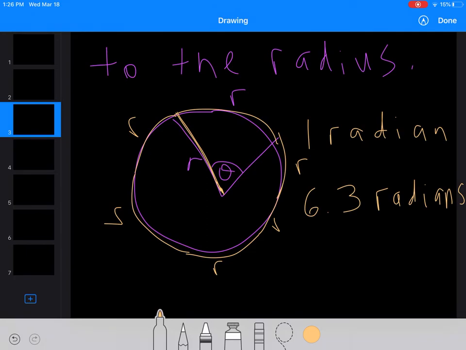Yeah, it's pretty close. When you transfer that in terms of pi, you can also say that 6.3 radians is about 2 pi radians, approximately, because pi is 3.14, and 2 times 3.14 is about 6.28, which is really close to 6.3 radians. So that's why we say that there's 2 pi radians in a circle.